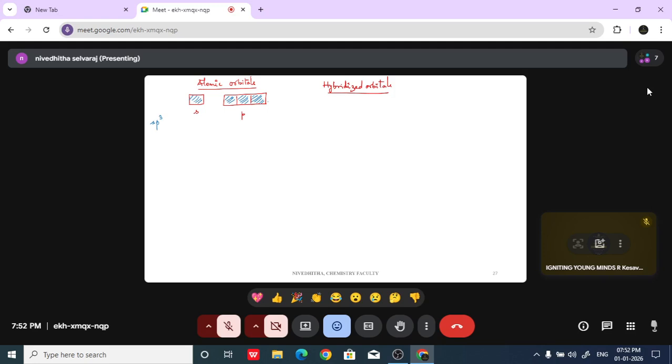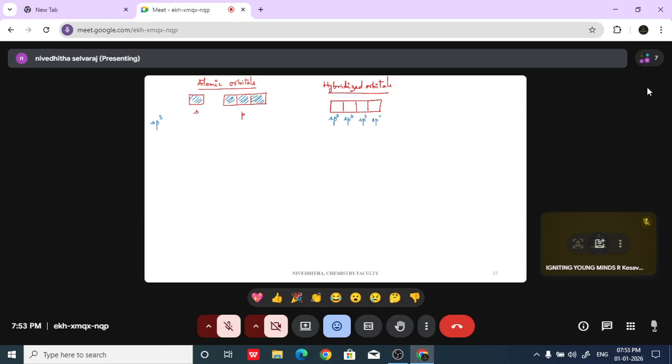So totally we'll end up with 4 hybridized orbitals, and the name of these hybridized orbitals is the same. The name of this hybridized orbital is sp3. This is also sp3. This is also sp3.